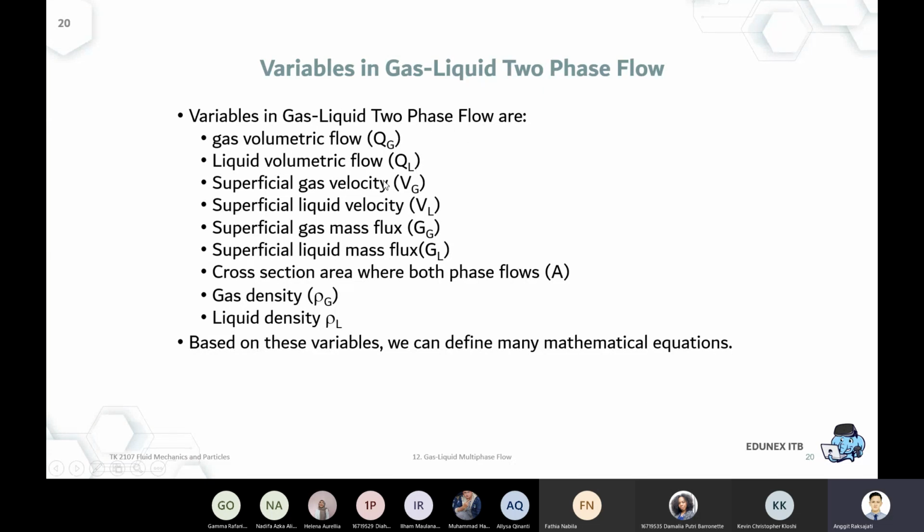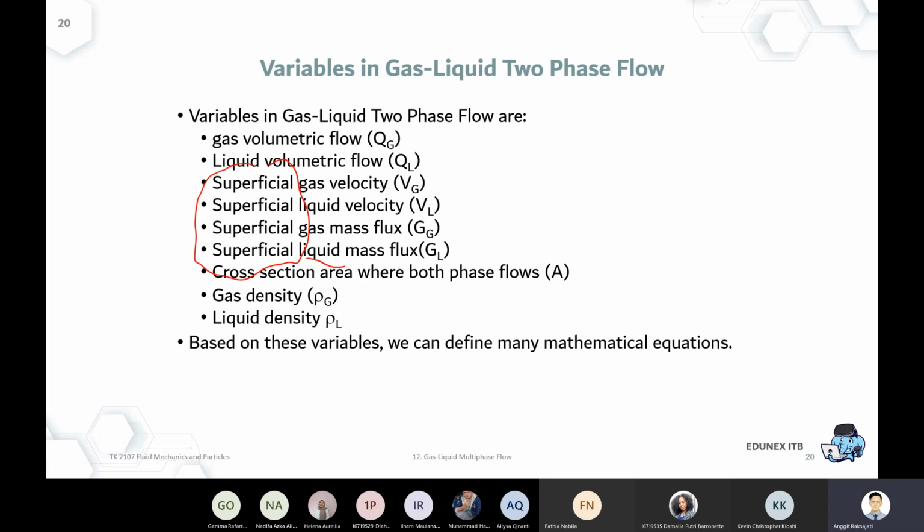Okay, so the calculation involves some of these variables: the gas volumetric flow rate, which must be in cubic meter per second, for example, and then the liquid volumetric flow rate, also in cubic meter per second, and then superficial. Superficial means assuming the pipeline is completely unfilled.